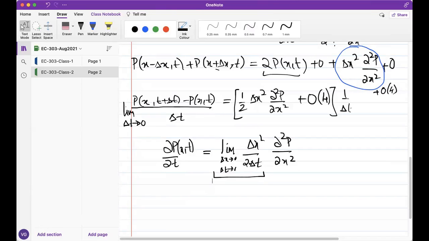In such indeterminate situations, we should differentiate and then put in the limit. And then what happens? It's a bit tricky because there are two different terms here.